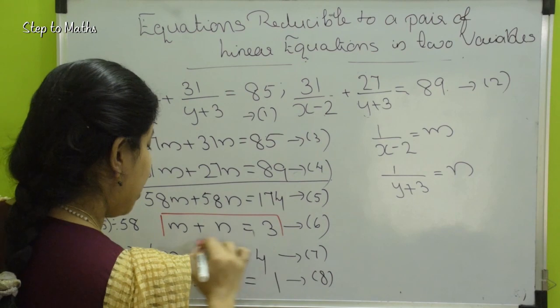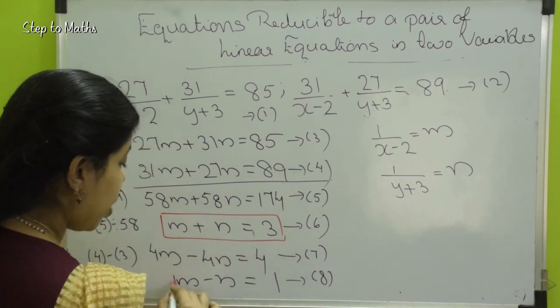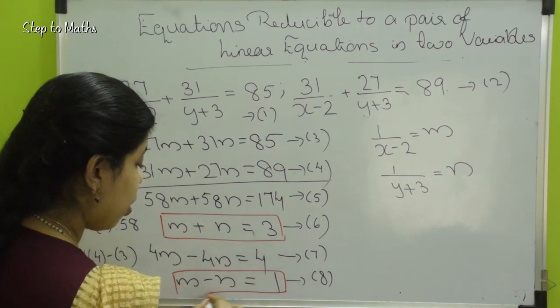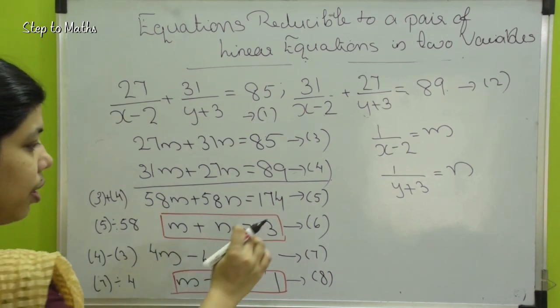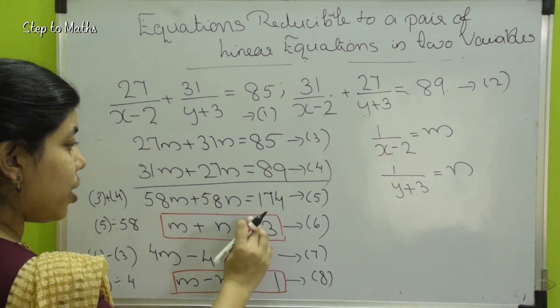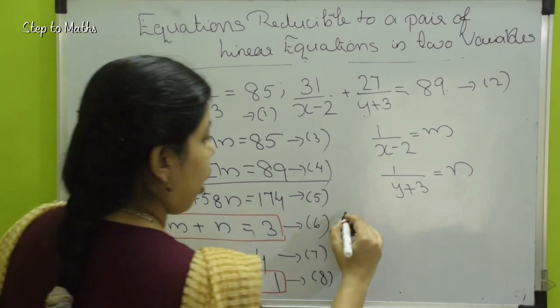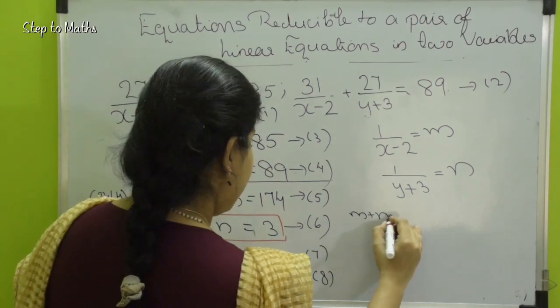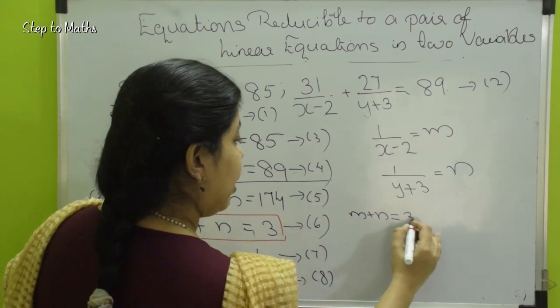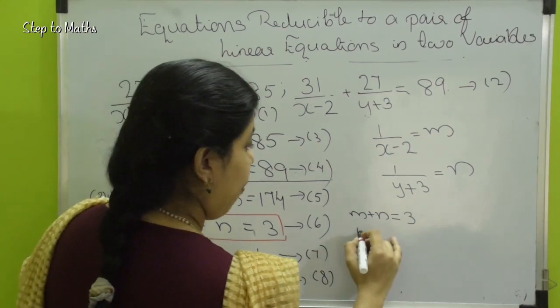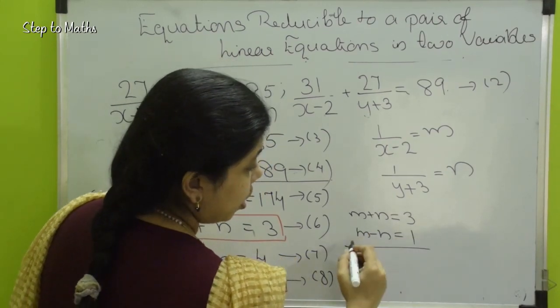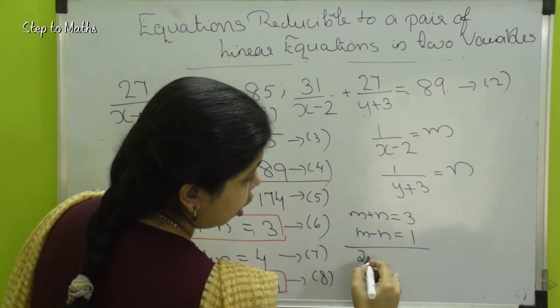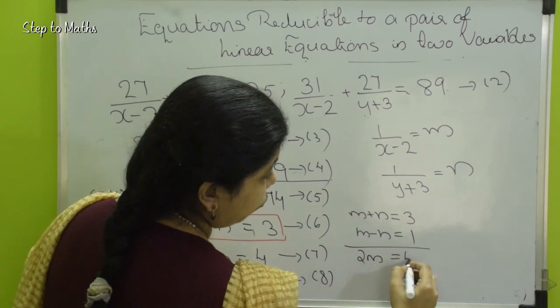m plus n is equal to 3, equation number 6, and m minus n is equal to 1, equation number 8. Now add equations 6 and 8. If we add these two equations, 2m is equal to 4.